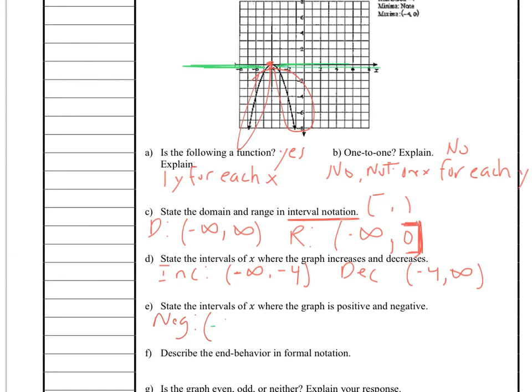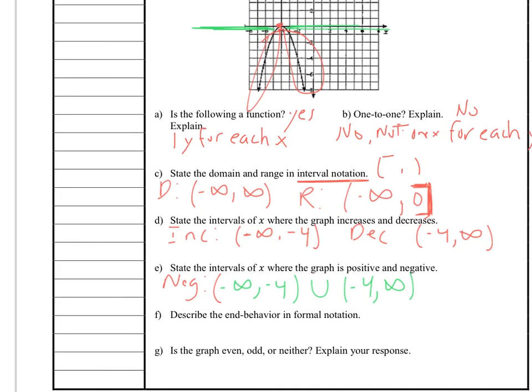So we're going to go from negative infinity up to -4, union -4 to positive infinity. Now, a much faster way of solving that question without using interval notation would be to say everywhere but -4. So you could say all reals except when x equals -4, and you'd be good to go.